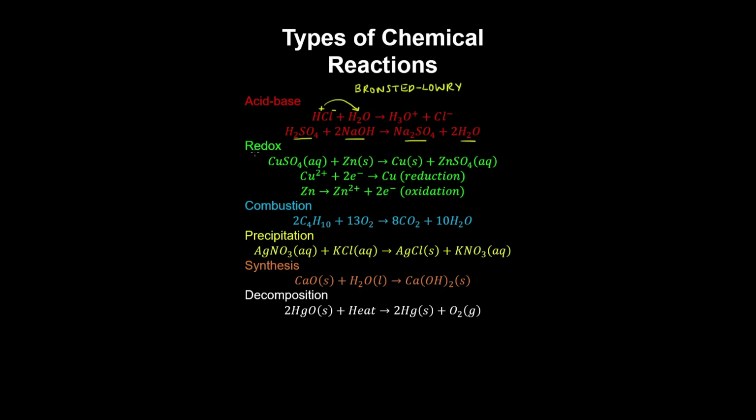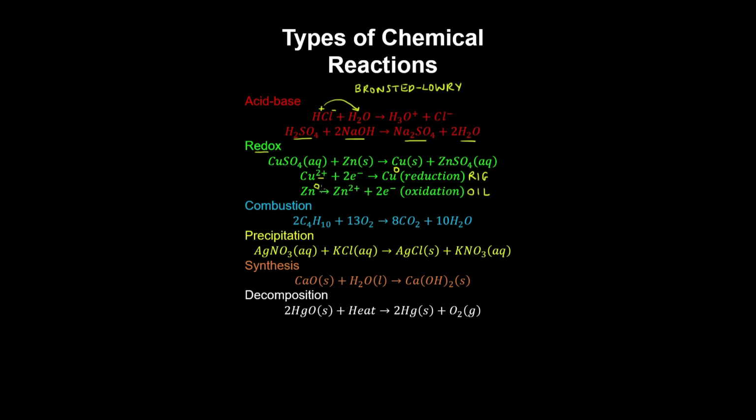Oxidation reduction reactions, or redox reactions, involve the transfer of one or more electrons between chemical species, which is indicated by the changes in oxidation numbers and the half reactions. And here copper is reduced because it gains electrons, and zinc is oxidized because it loses electrons.